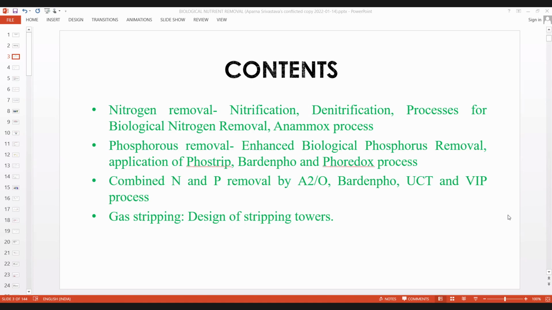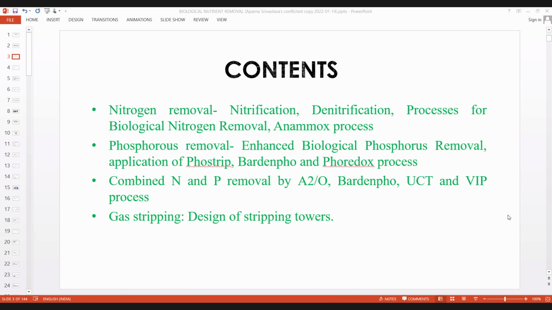In our denitrification process, first ammonia is converted into nitrite, then into nitrate, and then during denitrification the nitrate is converted into nitrogen gas. Here, ammonia and nitrite are directly converted into dinitrogen gas.